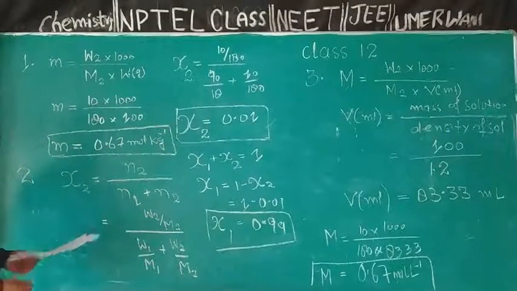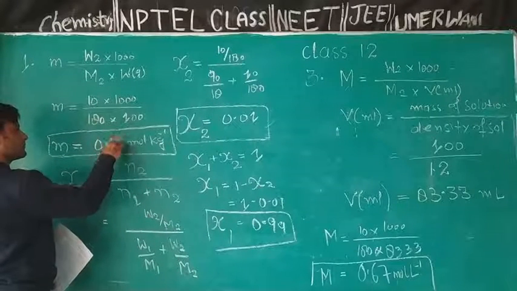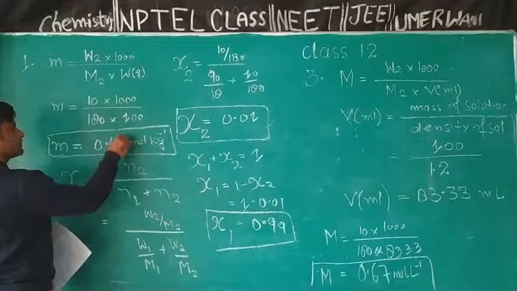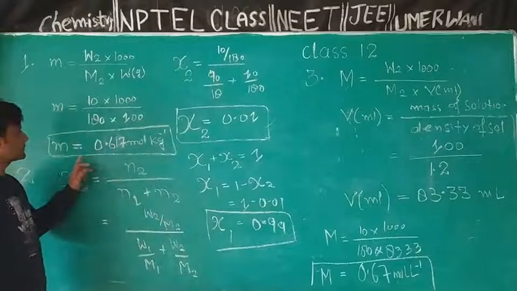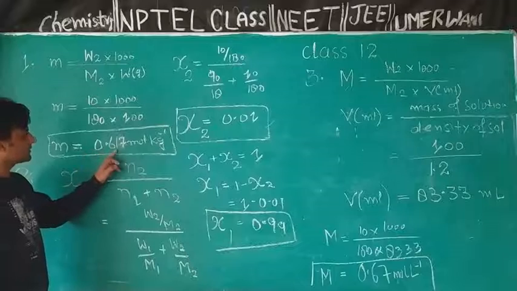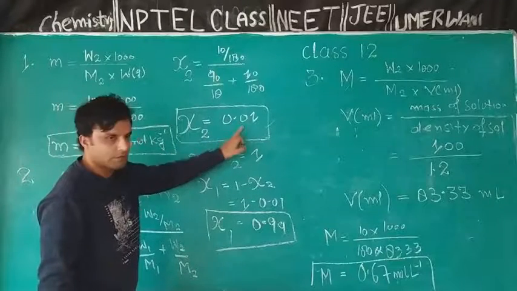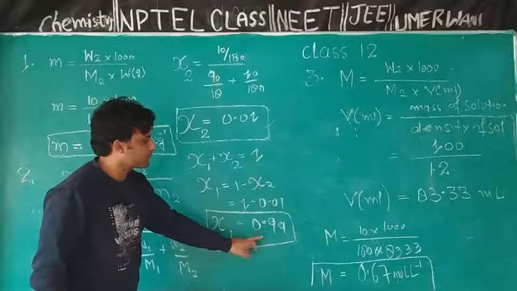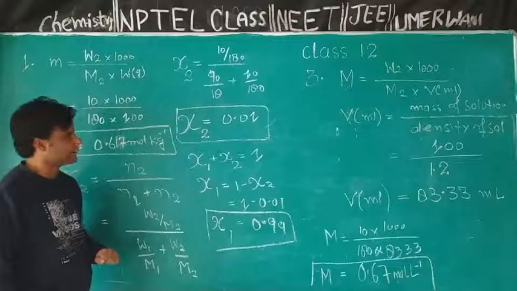Molality, if I may correct, molality is equal to 0.617. Molality of solution of glucose in water is 0.617, mole fraction of solute is 0.01, mole fraction of solvent is 0.99 and molarity of solution is 0.67.